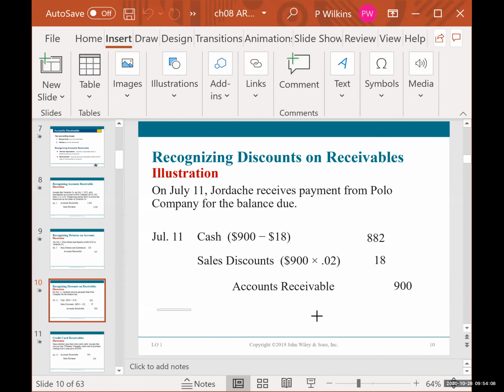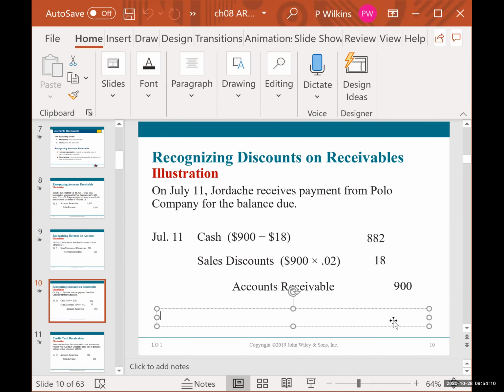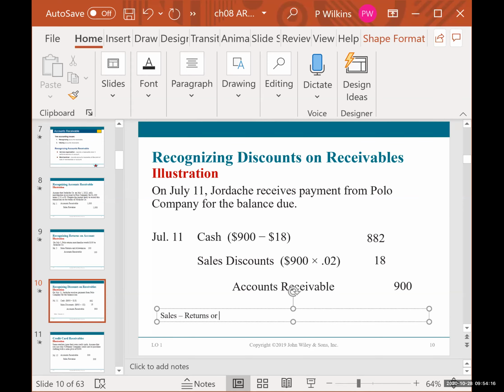Okay. So this is where we would do sales minus any returns or allowances, and that would give us our accounts receivable number. Then the accounts receivable number times the discount percent would give us the discount dollar amount.